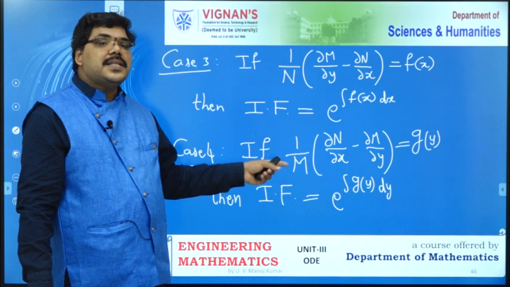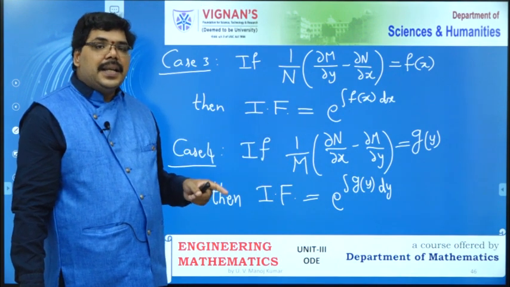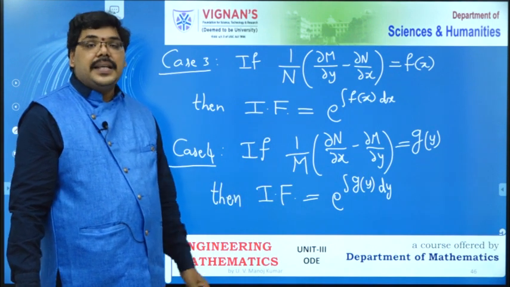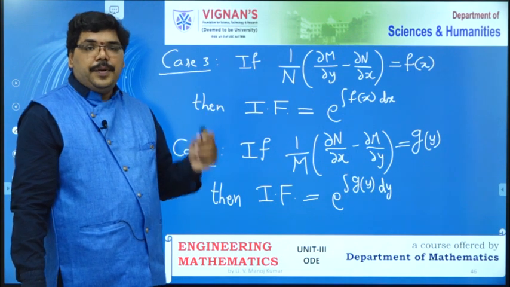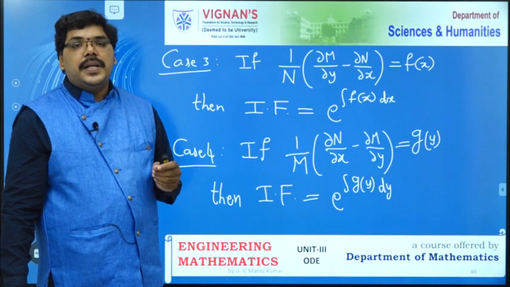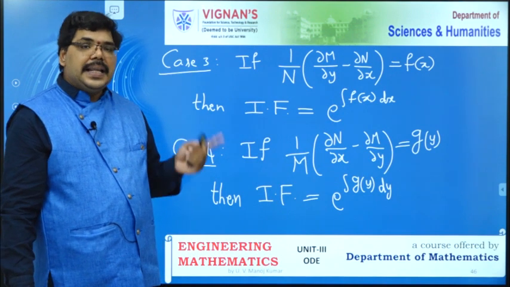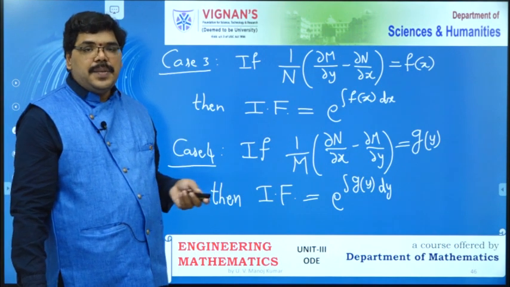If you calculate this and the result is a function of y only, then the integrating factor will be e power integral g of y dy. So these are the four cases in which a non-exact differential equation can be converted into an exact differential equation by calculating the suitable integrating factor. Let us see problems.